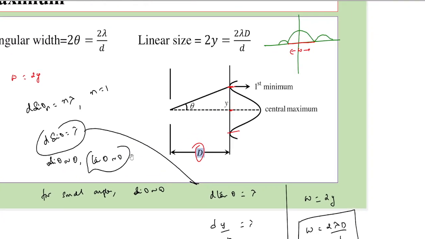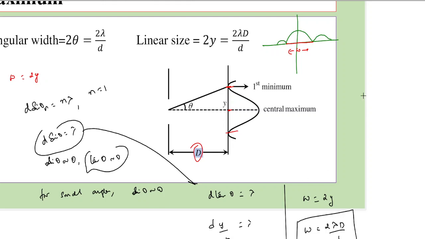And also the angular width is the angle made, 2 theta, because we need to find the angular spread of the central maximum. That will be from here to here, which is theta here also, so it becomes 2 theta. That is equal to 2 lambda by d, because theta is the same as tan theta, which is lambda by d.